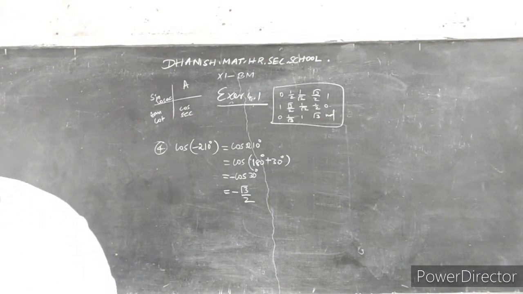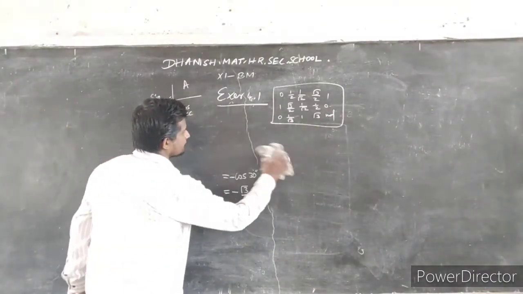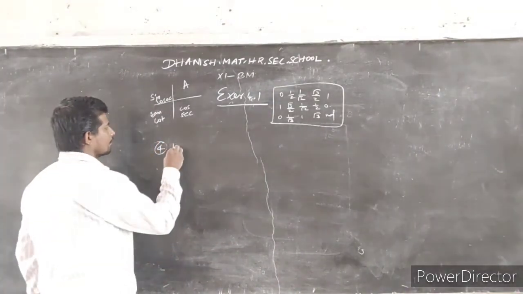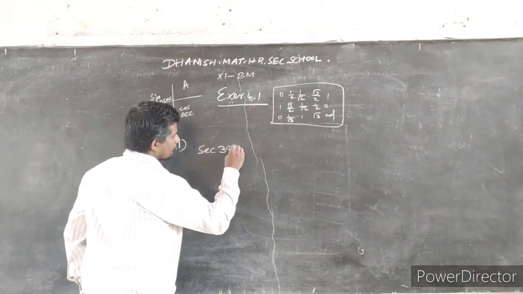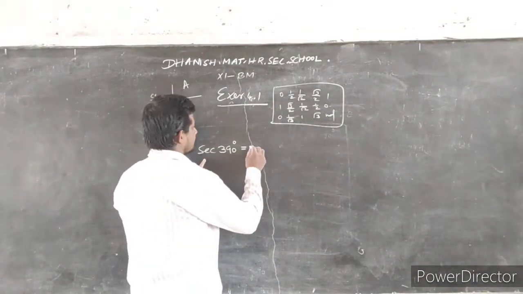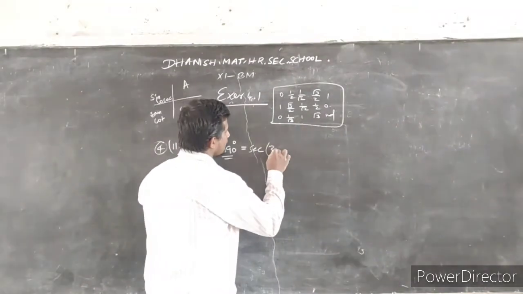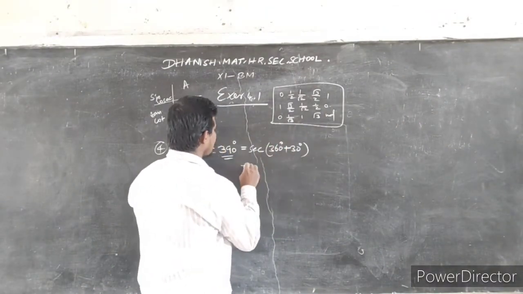Then third one, secant 390 degree. Secant 390 degree can be written as secant of 360 degree plus 30 degree.